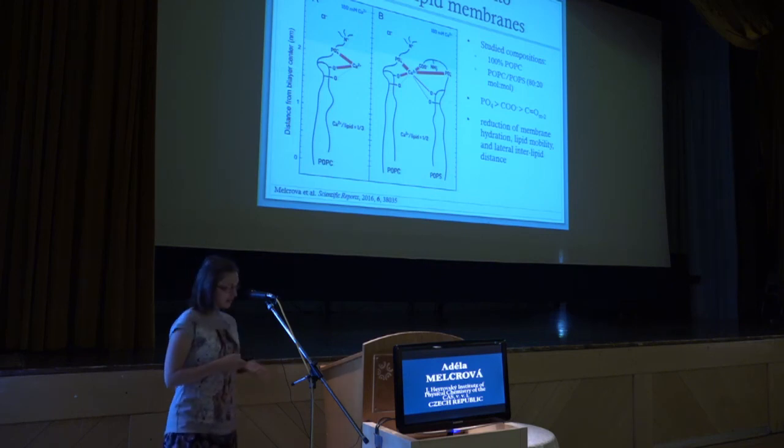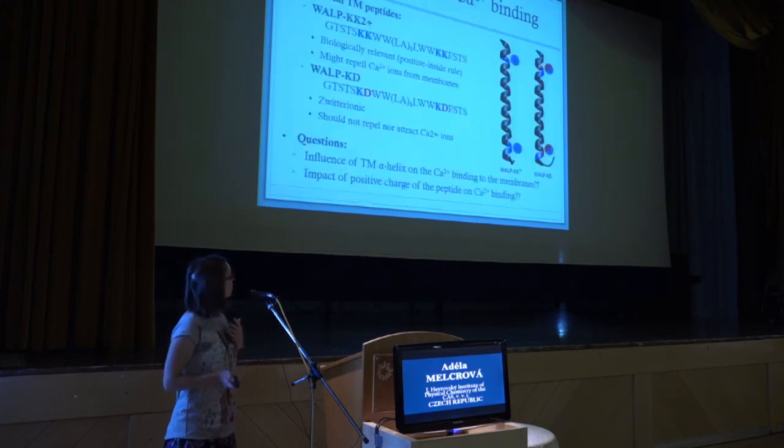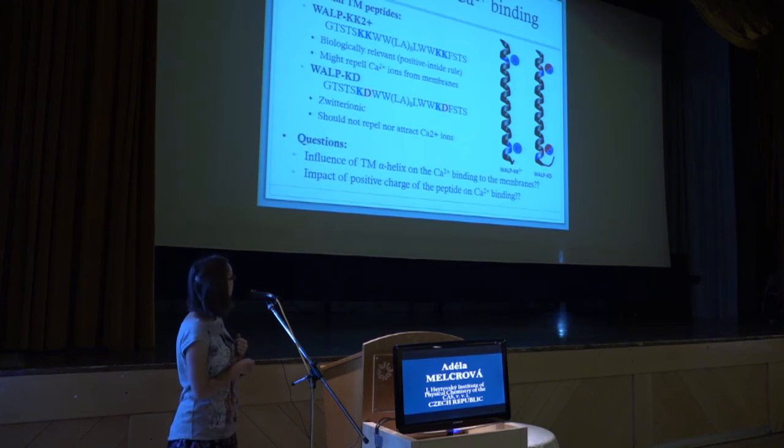To investigate the peptide influence on the membrane affinity for calcium, we designed 2 artificial transmembrane peptides. Both of them have a leucine-alanine sequence in the middle, then 2 tryptophans, and the positively charged one, VALP-KK2+, has 2 lysines at each end, so it's 2 plus positively charged at each end.